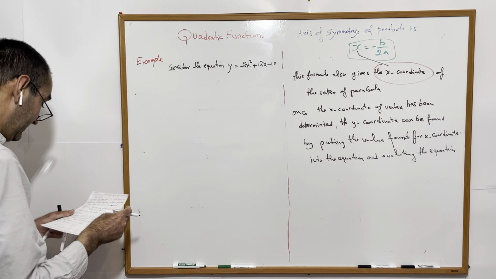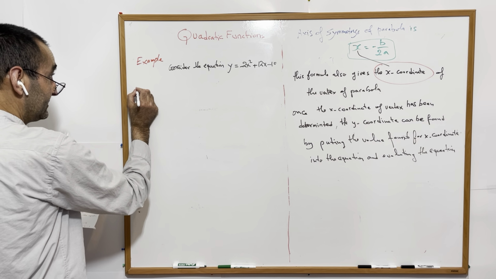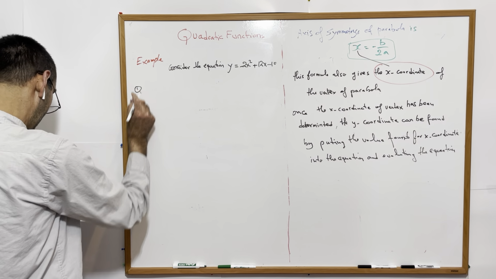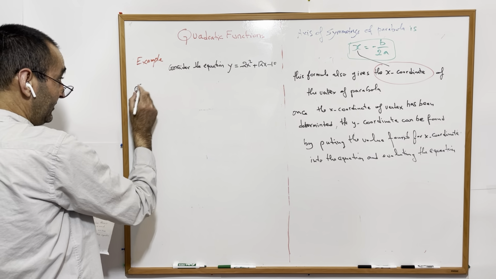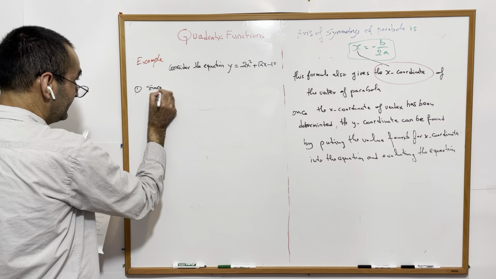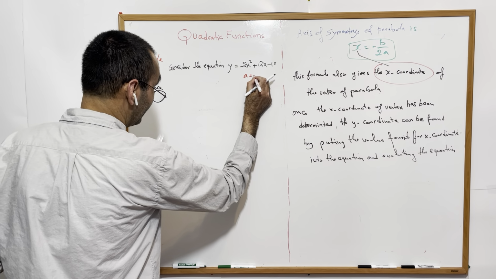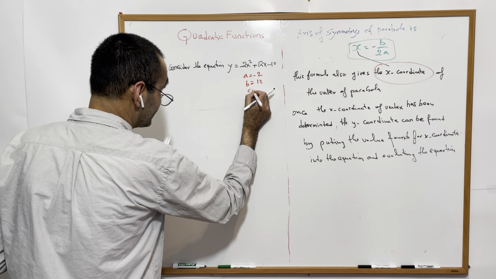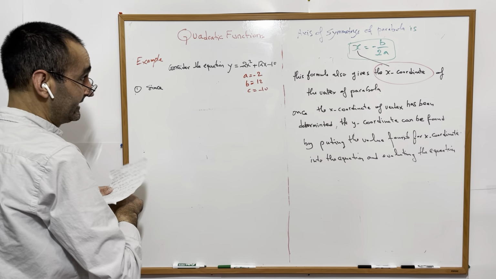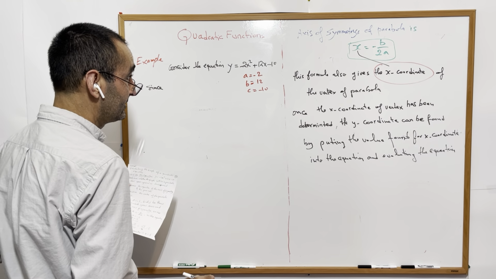First one, how is the parabola? If you see here, a equals minus 2, b equals 12, c equals minus 10. Those are the coefficients of our equation.